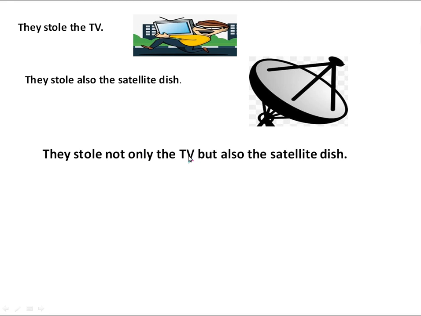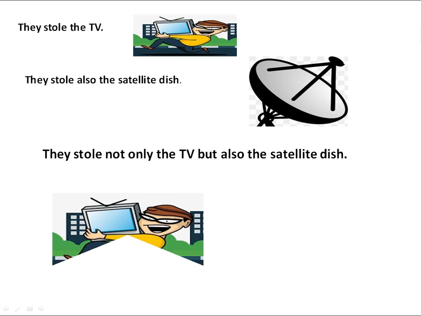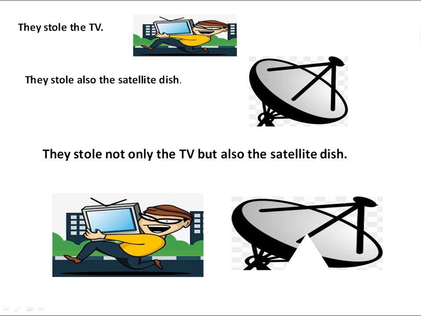Because there we were connecting an independent clause to another independent clause, forming a compound sentence. And here there is no comma because we don't have any clause after but also. The satellite dish is simply a noun phrase, so it is not a clause, right? So we are not going to put any comma here. This you need to remember.